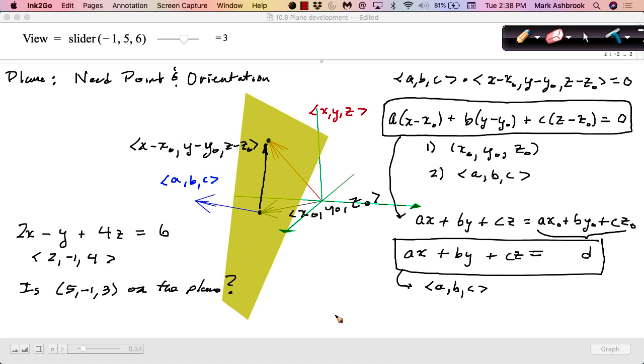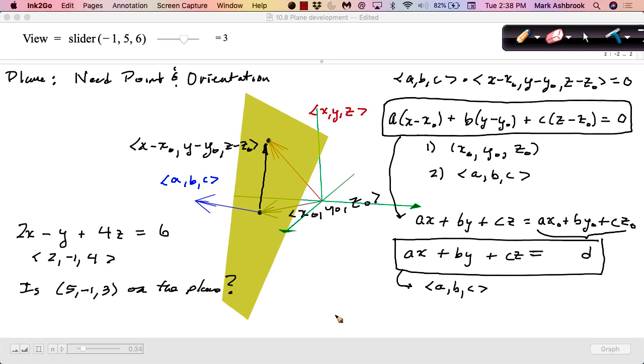Is 5, -1, 3 on the plane or not? Do you have to check if it's perpendicular? Okay, he says you have to plug it in, and if it equals 6, it's on the plane.